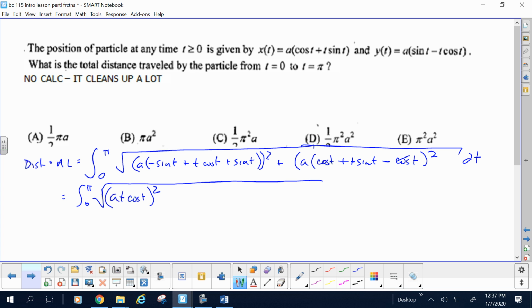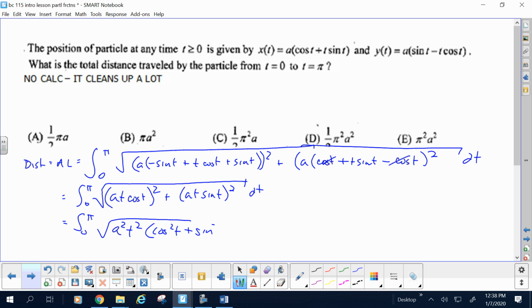The other one, the cosines drop out, and you have A t sine t all squared. Now we're getting there. Isn't this something like A squared t squared for both? I can factor out A squared t squared, leaving cosine squared plus sine squared.